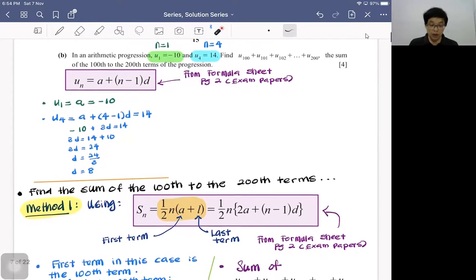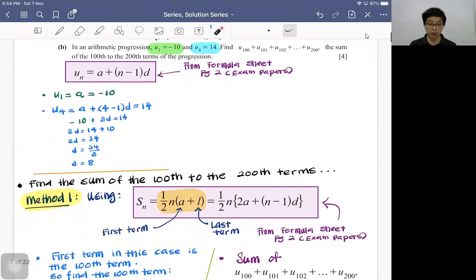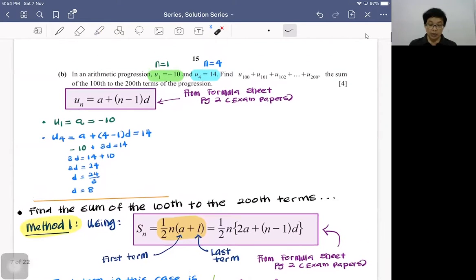Okay, now, as usual, before we can progress, we know in order to find the sum, we need to know the two basic values, which are a, the first term, and also the common difference for this arithmetic progression. Therefore, without any delay, we will use these two pieces of information, convert them into the formula, and substitute accordingly.